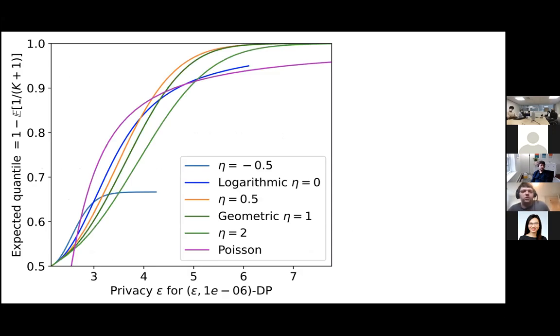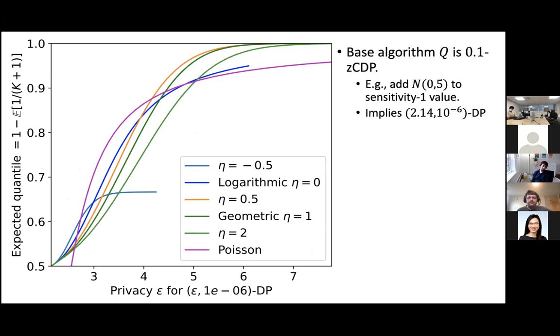So let me show you some plots. Here I have a plot. Now the base algorithm here, I'm just going to assume that it satisfies 0.1 zCDP, so it's concentrated differential privacy. This is the kind of guarantee you get if you added a Gaussian with variance 5 to a sensitivity 1 statistic.